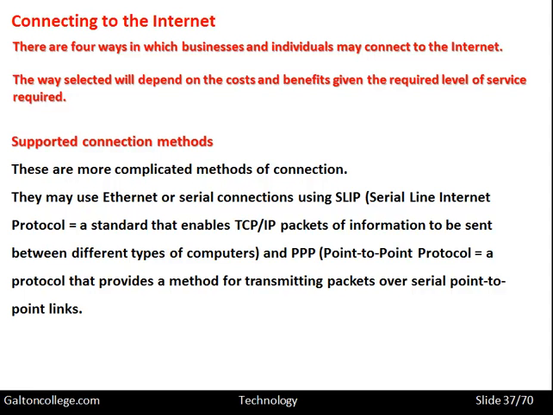There's also PPP, which is point-to-point protocol. This is a protocol that provides a method of transmitting packets over serial point-to-point links. So there are different protocols, different ways of connecting. The TCP/IP, which is a way of routing the information, breaking it into packets and perhaps reassembling it at the end, has been around for a long time, and it's a standard way of working.